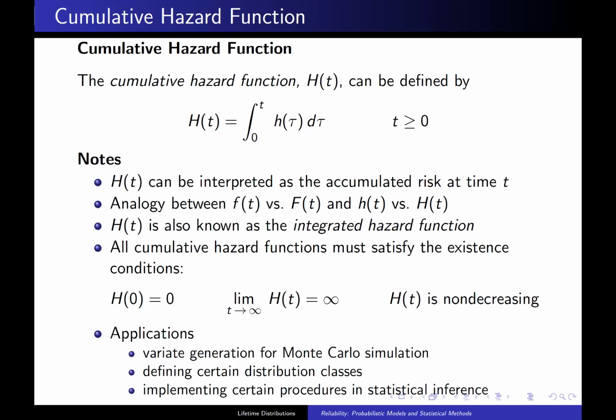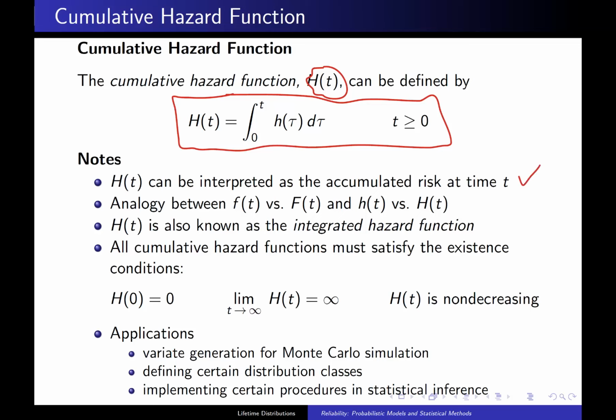The cumulative hazard function is denoted by capital H of t, and it is defined as the integral from 0 to t of h of tau d tau. You can think of H of t as the accumulated risk at time t.